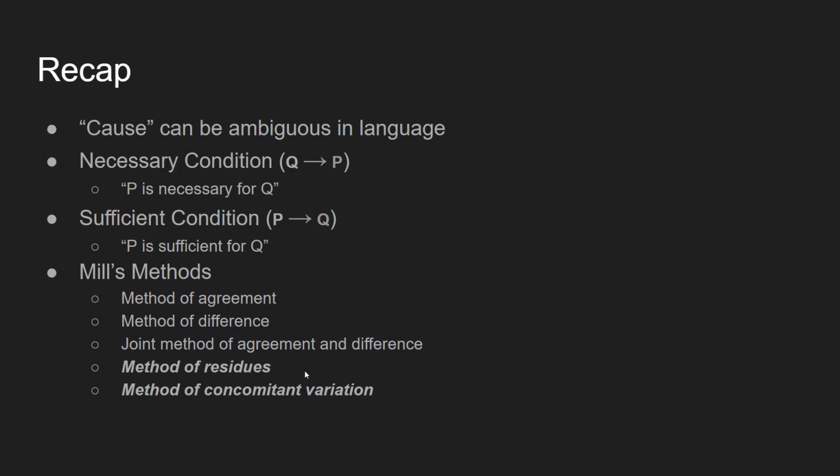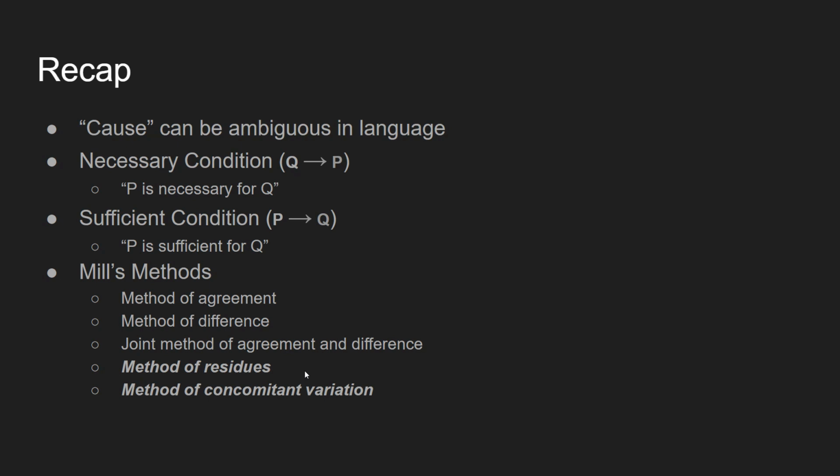So causes can be described in terms of sufficient conditions, necessary conditions, and sufficient and necessary conditions. Mill's methods, named after John Stuart Mill, are inductive techniques that allow us to identify causal connections. The method of agreement identifies necessary conditions. The method of difference identifies sufficient conditions present in a specific occurrence.